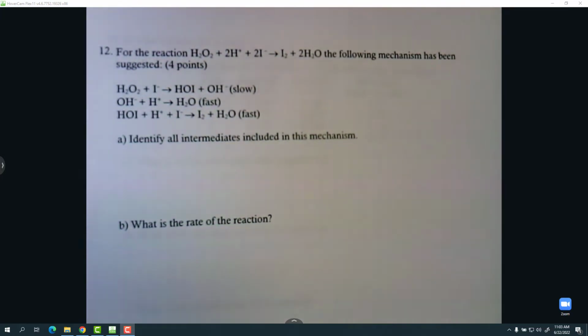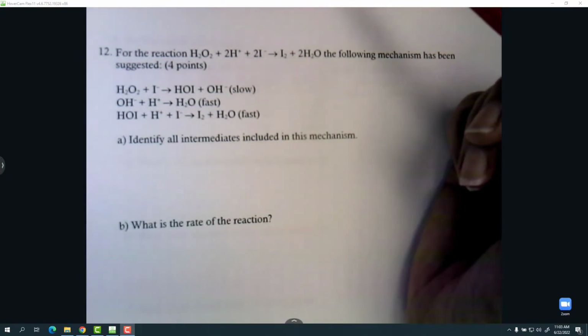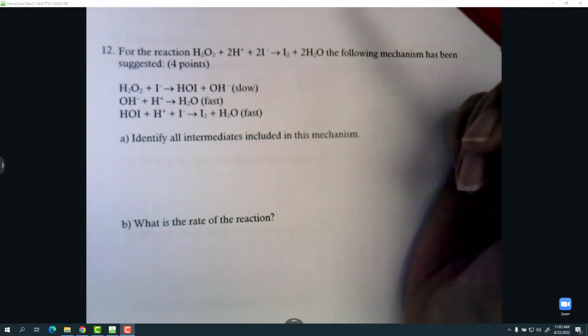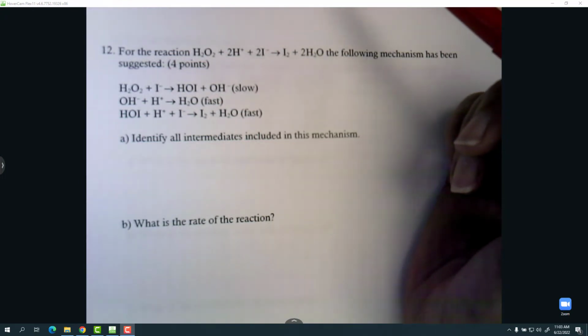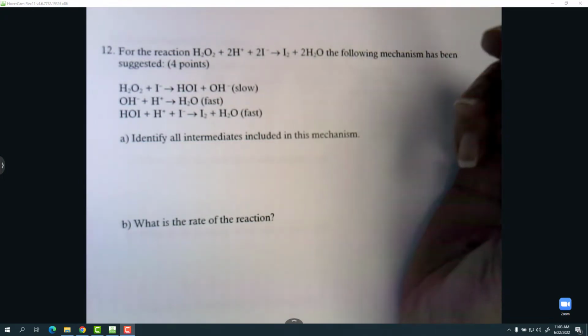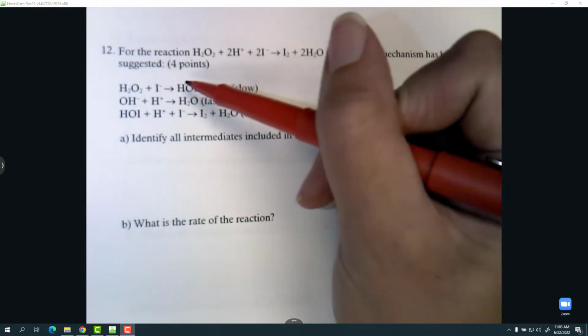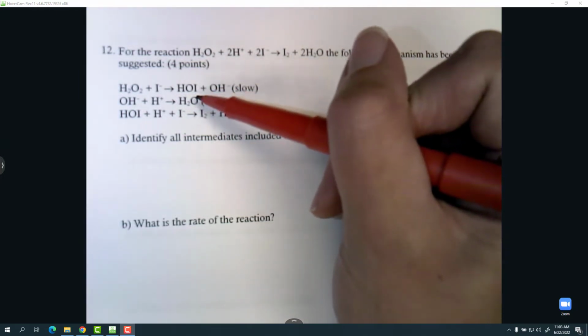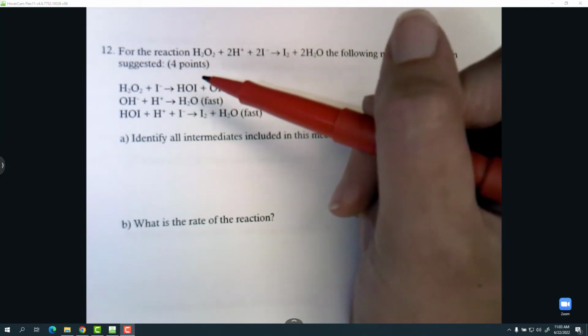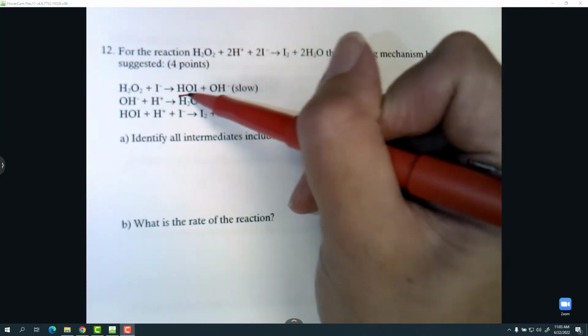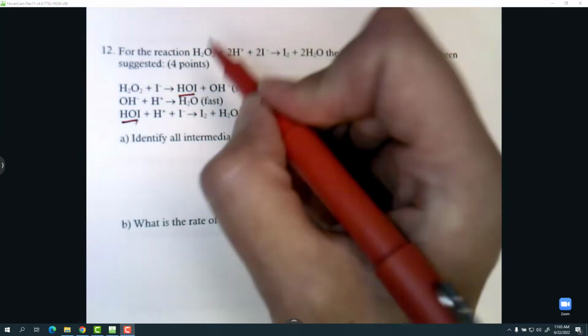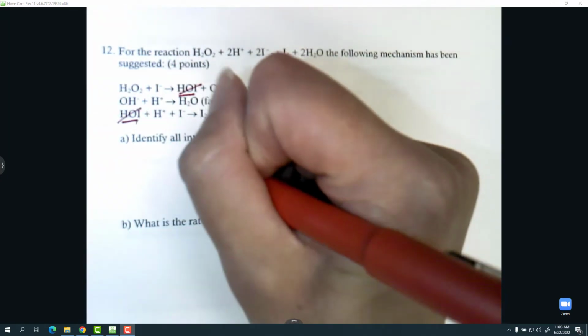Number 12 shows me a mechanism. It asked me first to identify the intermediates included in the mechanism. So intermediates are things that are made in an early step and used up in a later step. So for example, I'm going to look at products of the early steps and see if they're an intermediate. So HOI is made here and it's used up here. So yes, cancels.